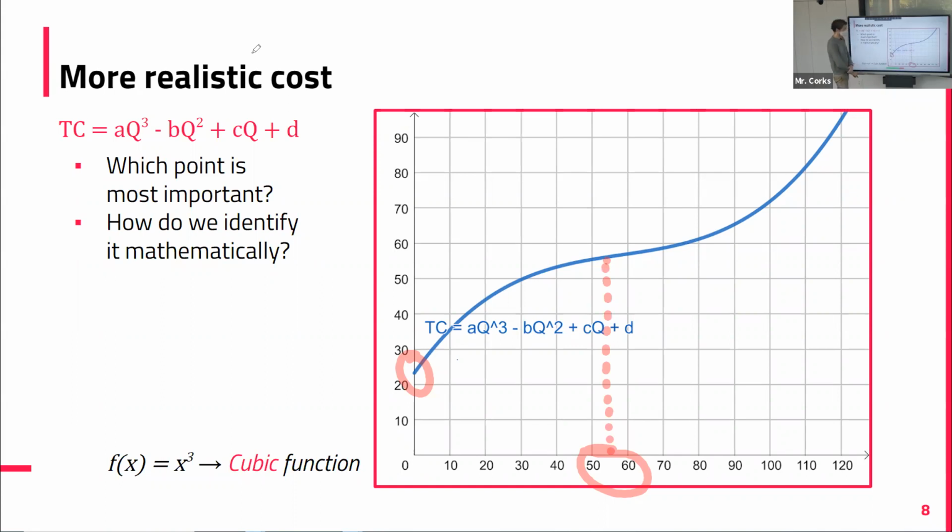Okay, so it's not the lowest possible total cost. That would obviously be here, but that is when we don't sell anything, so we'd have no revenue. What is nice about this point is it's sort of the most efficient. As we make and sell more things, our production system gets more efficient. This is the lowest average per unit cost.